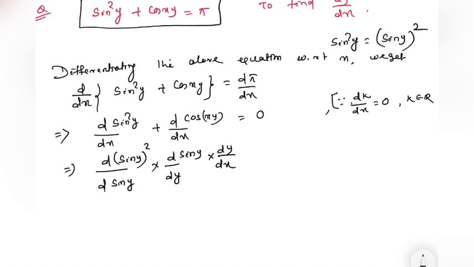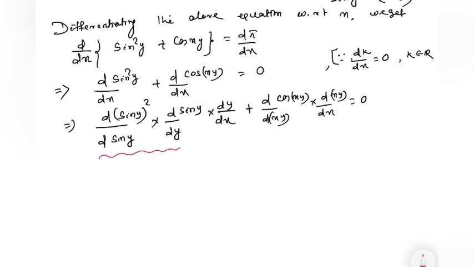This is by applying the chain rule. We have discussed earlier how to find the derivative of a function by using the chain rule. Again, also derivative of cos xy with respect to xy into derivative of xy with respect to x, that is equal to 0. I think this line is clear to you.